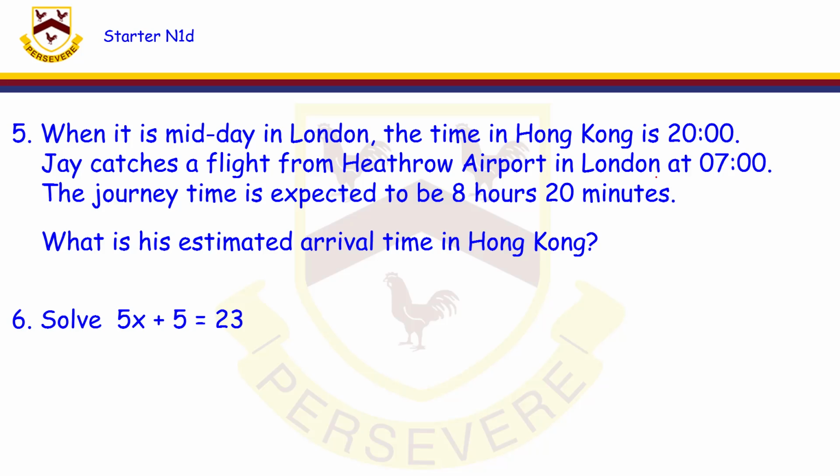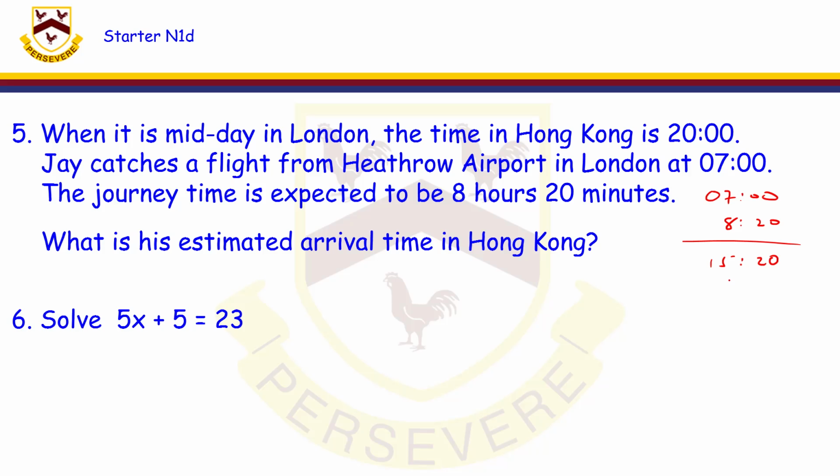Well, I like to do a sort of a little timeline. So he starts at 0700 hours and the flight takes 8 hours and 20 minutes. So we add that on. So it takes us to 1520 hours. But there's a difference in time. When it's midday in London, we add another 8 hours to get 2000 hours.